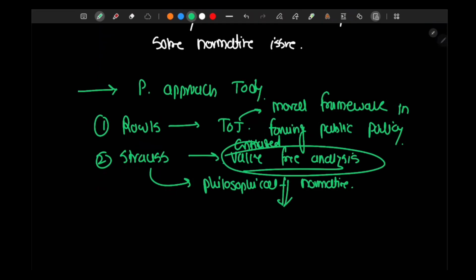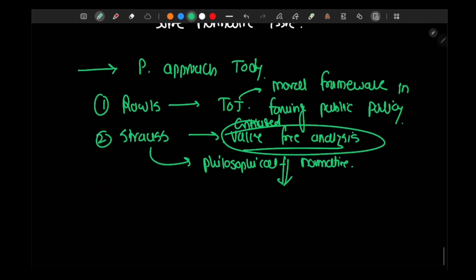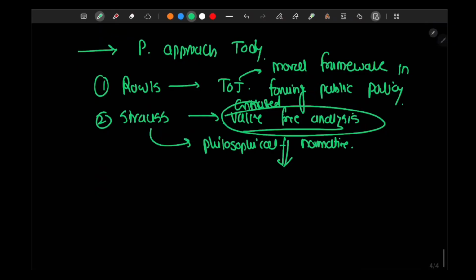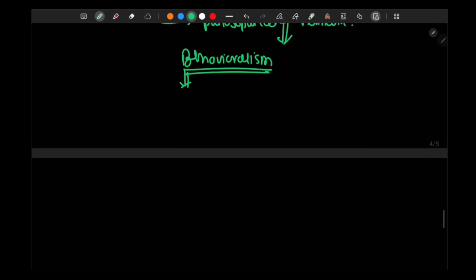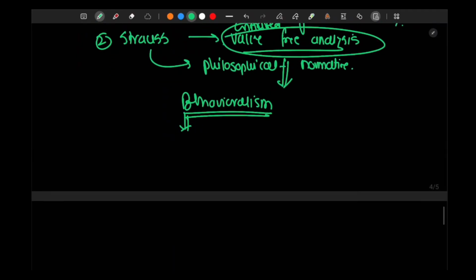How this value free analysis came about in political science was due to the behavioral revolution. Behavioralism we are going to understand in the next lecture. For now, let's just say what behavioralists tried to do.